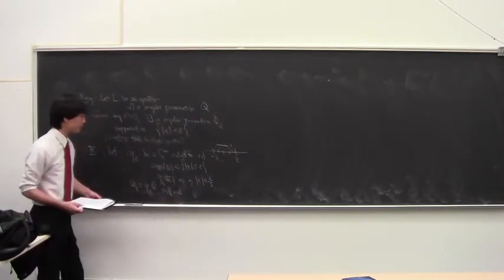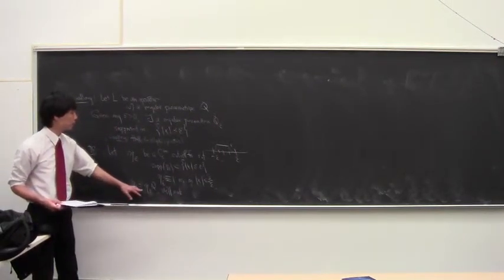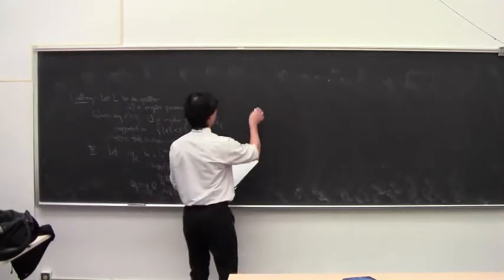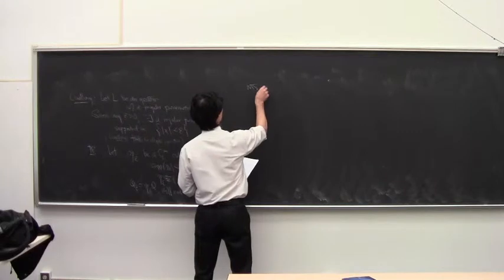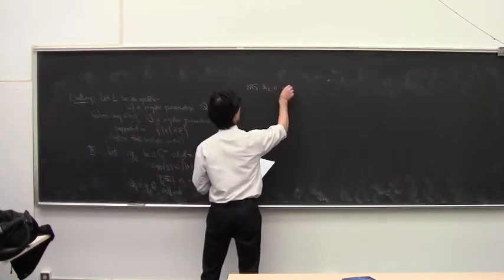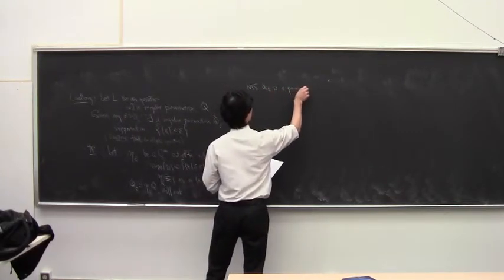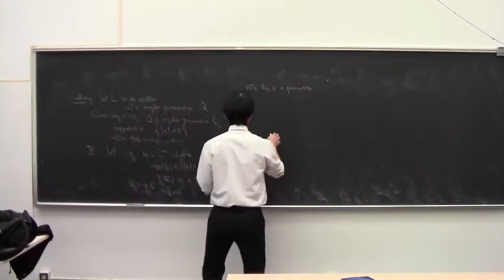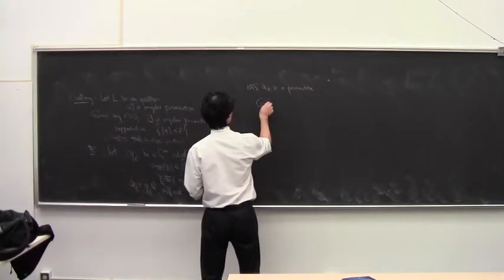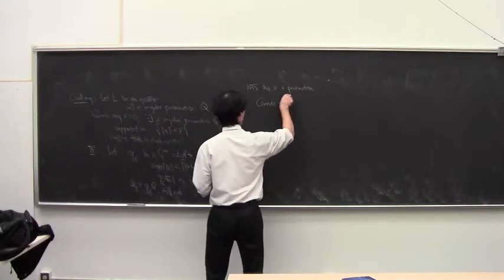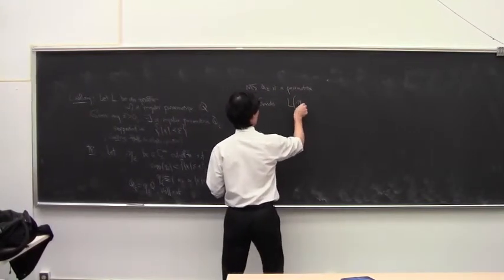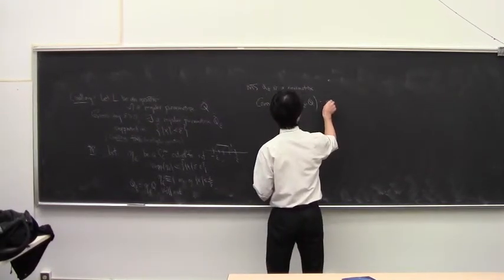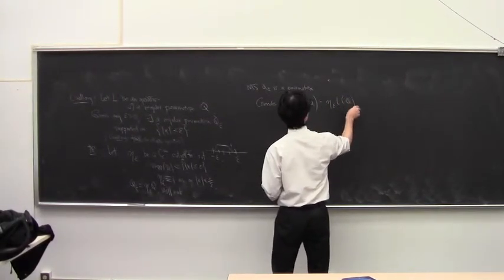Right? So we need to show that this Q epsilon is a parametrix. Okay. So consider L, the operator applied to A epsilon Q minus A epsilon L.